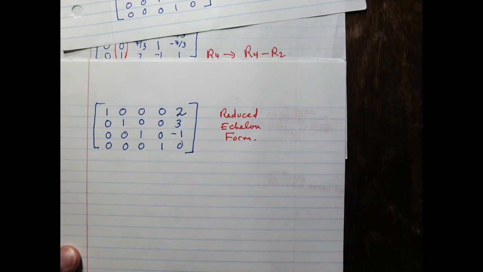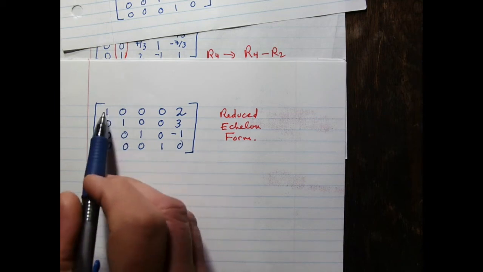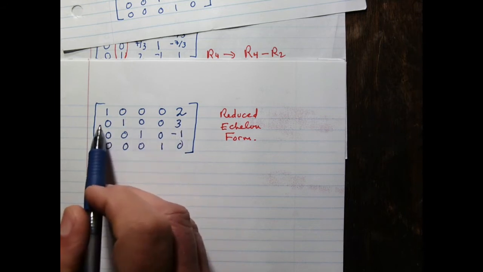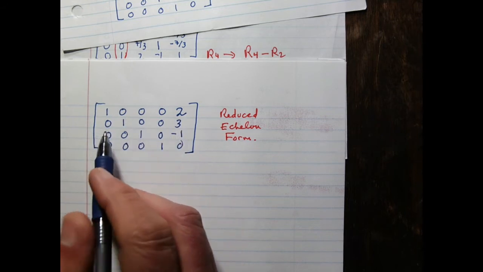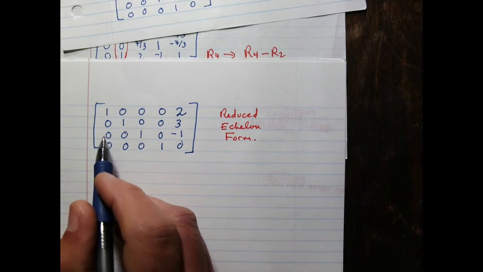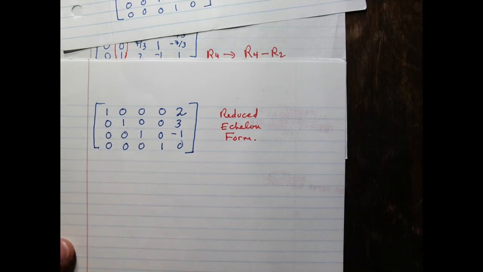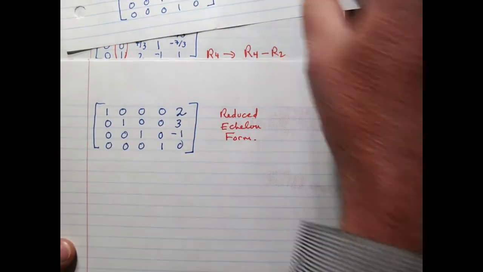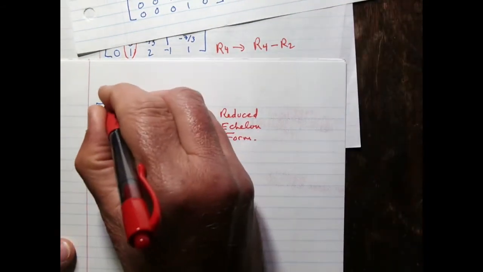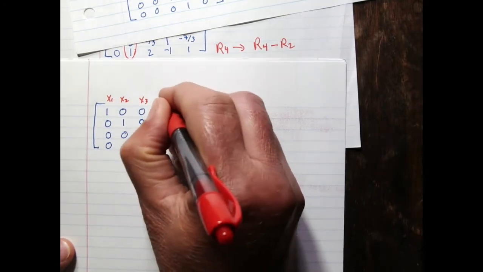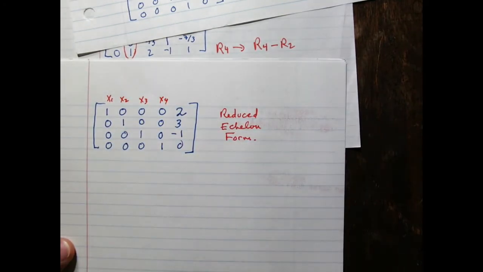Now, what do we have here? Anywhere along the way, we can translate our augmented matrix back into an equation involving the variables. So here, if I read this off as an equation, remember column 1 was coefficients of x1, column 2 x2, column 3 x3, column 4 x4.